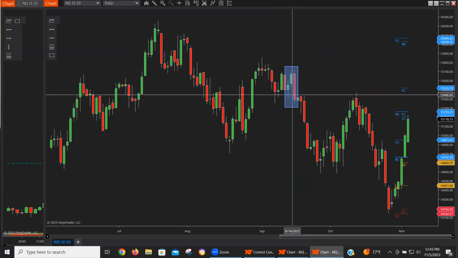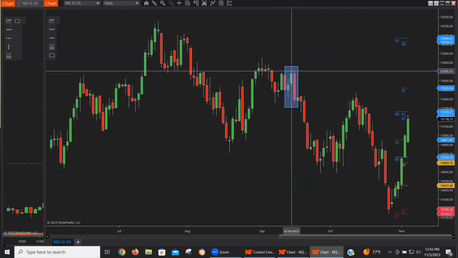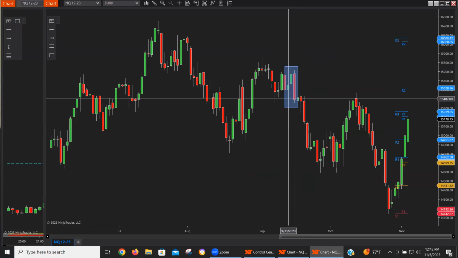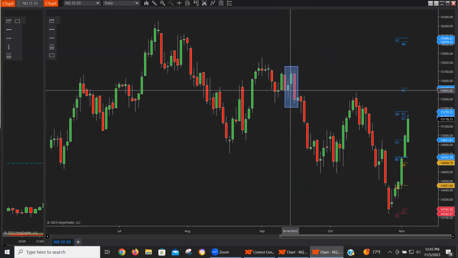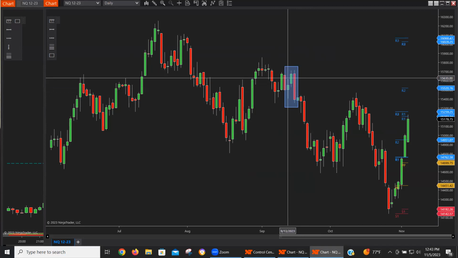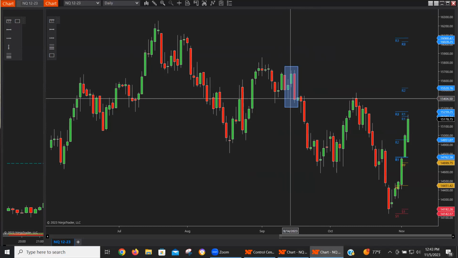Every candle has a range. A range is the distance between its high and its low, the high and low range of the day. At the high or at the low of a candle is liquidity. When I talk about liquidity, you have to understand the terminology: that is where traders are putting their stops.